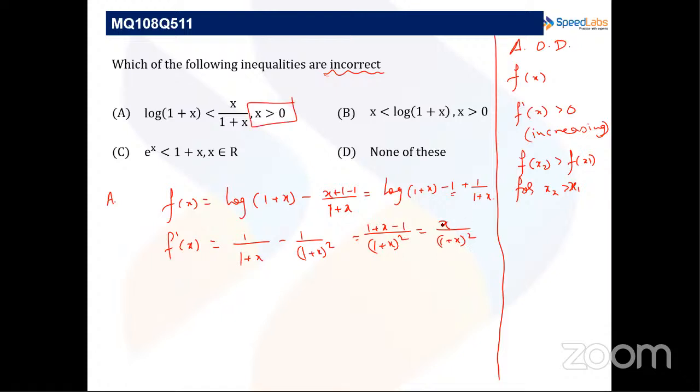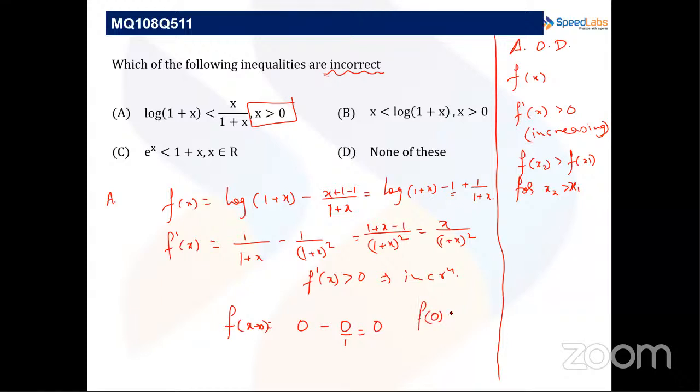For x greater than 0, obviously numerator and denominator both are positive, so f dash x is greater than 0. Now f dash x greater than 0 implies that it is an increasing function. If we check for f of x tending towards 0, then log(1 plus x) tending towards 0 will be log 1, that is 0, and minus x upon 1 plus x is 0 upon 1, that is 0.